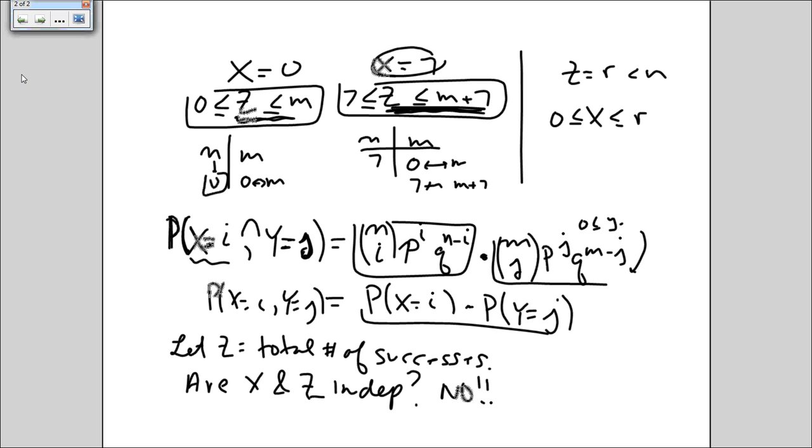So knowing Z gives you some information about X. Knowing what X is influences Z. If you just in addition stated something about X influences Z, or knowing something about Z influences X, that would be enough to show that they are dependent.